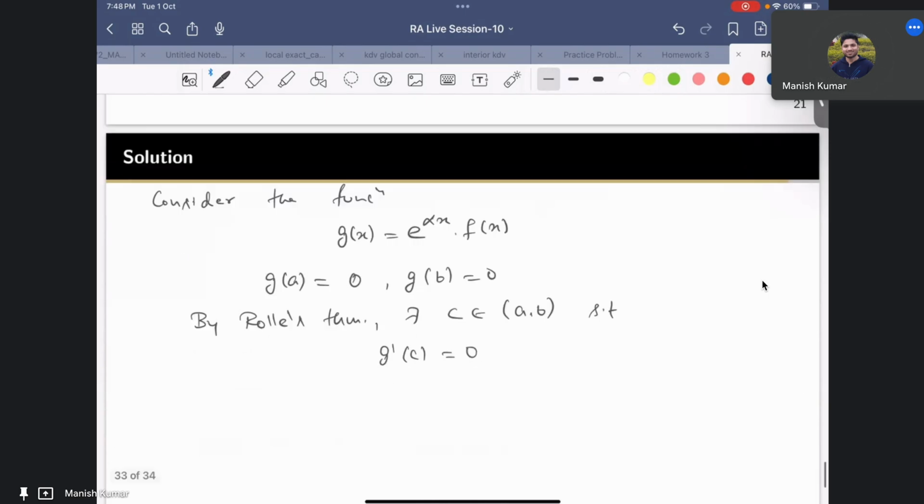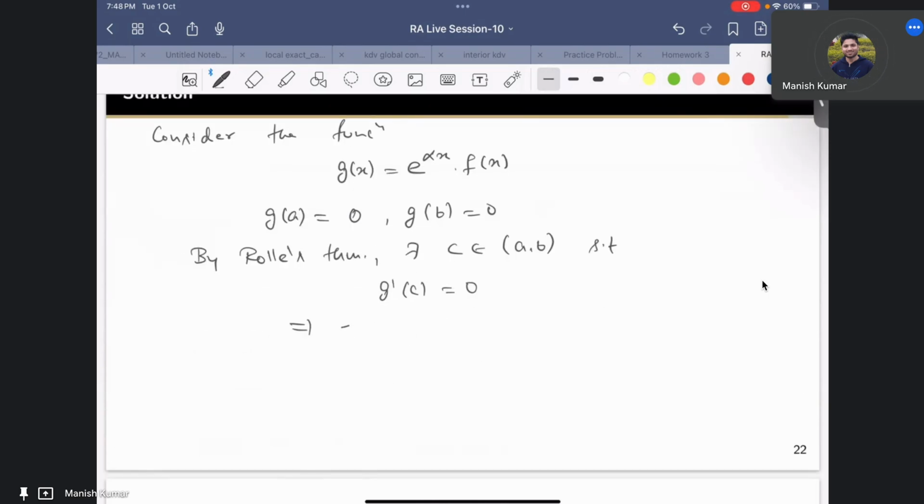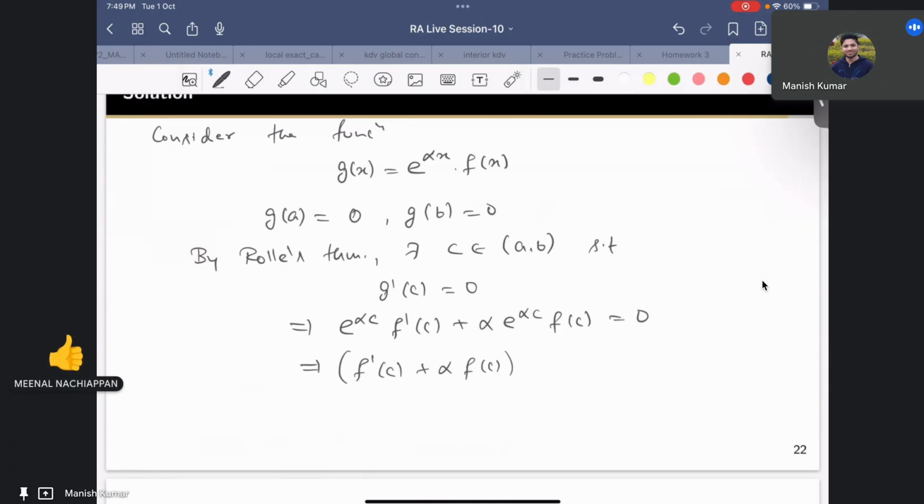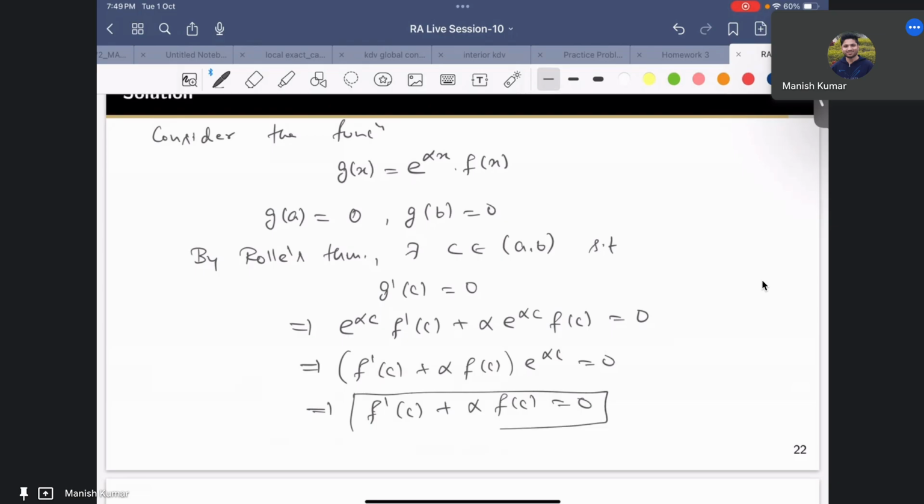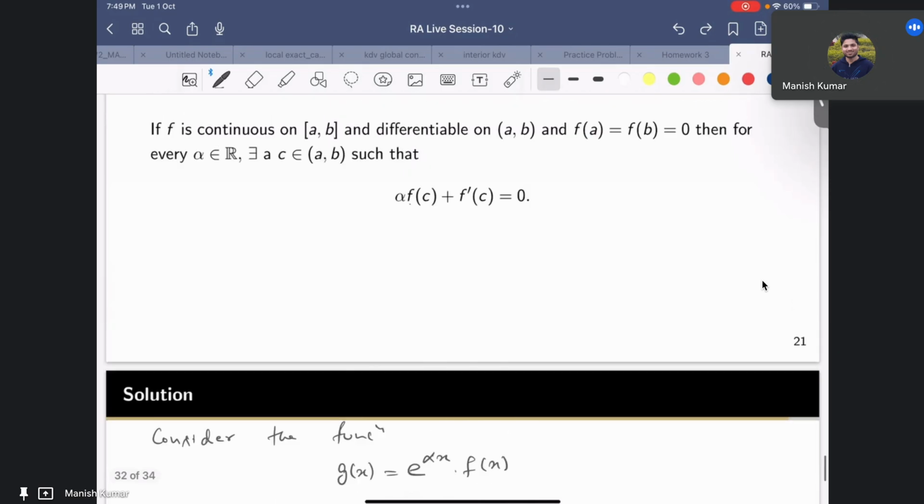Now you just differentiate this, you will get e^(alpha c) f'(c) + alpha e^(alpha c) f(c) = 0, and this means that (f'(c) + alpha f(c)) e^(alpha c) = 0, and this will give you that f'(c) + alpha f(c) = 0. Okay, so this proves this result.